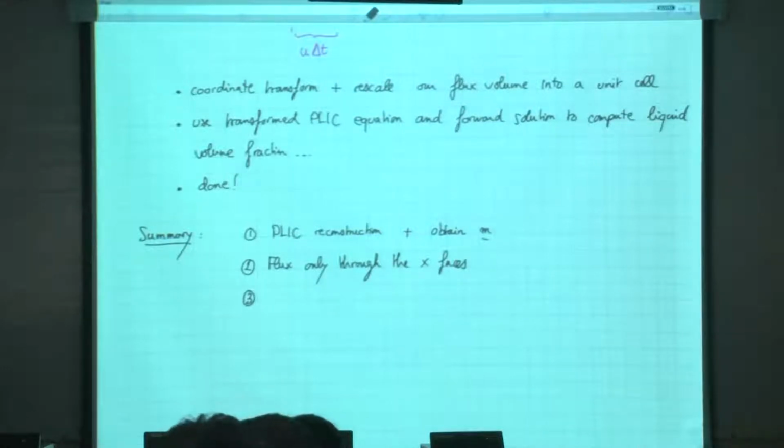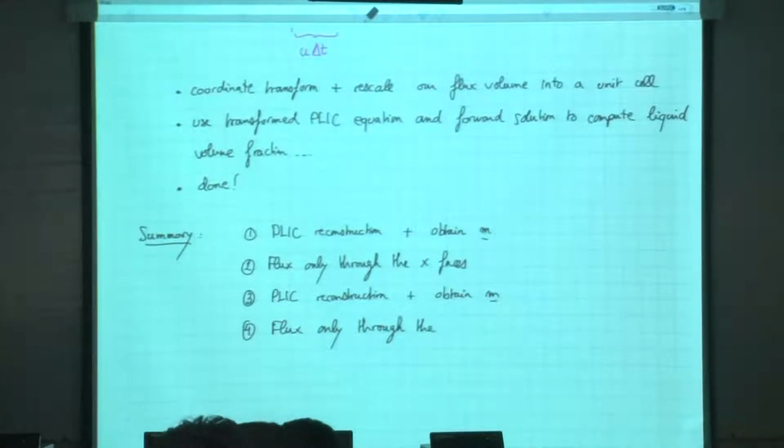Step three, PLIC reconstruction plus obtain m, and flux only through the y faces. So effectively, we obtain here a first alpha.